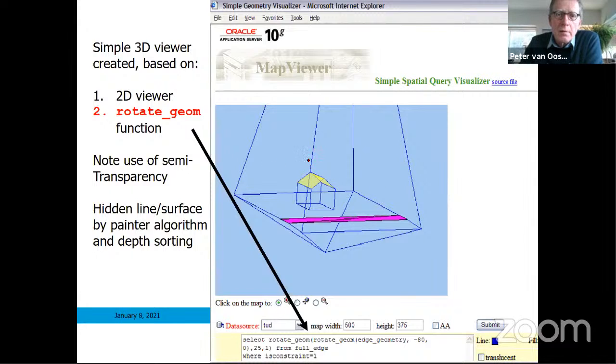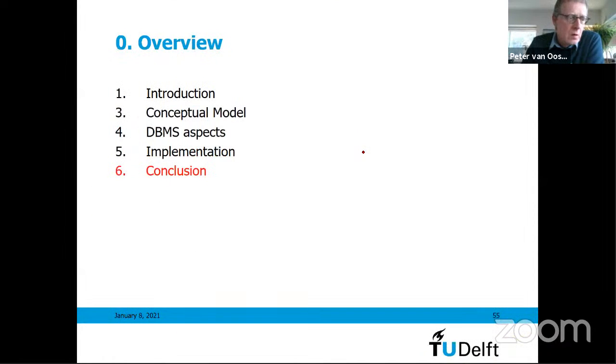And I have some area features: the road is pink and the roof of the building is yellow. It's a bit clumsy, of course. You can now make much nicer viewers with real 3D tools, but this is a simple 2D viewer. Remember that.